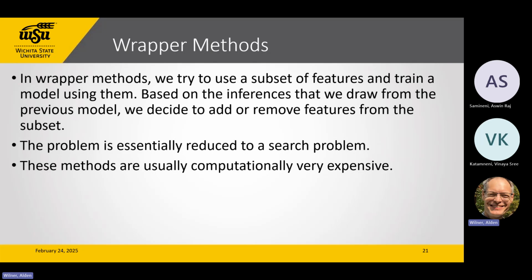So in wrapper methods, what we try to do is we use a subset of features, we train a model, and then we decide whether to add or remove features from the subset. We're basically doing a search problem. Again, these are computationally expensive. We're not saying these features look useless and throwing them away, never looking at them again. We're saying we're going to take all the features and see if this combination of features is better than this combination, is better than this combination, and so on and so forth.